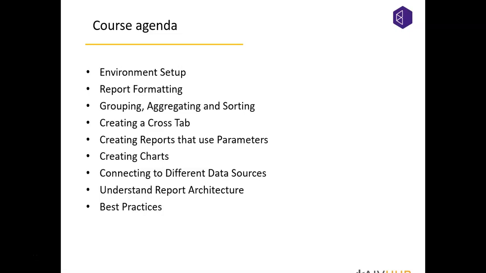In the next step, we will see the various data sources used to create your report. Then we will go through the report architecture, followed by best practices, where we will create libraries and templates.